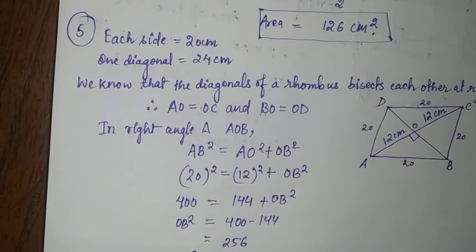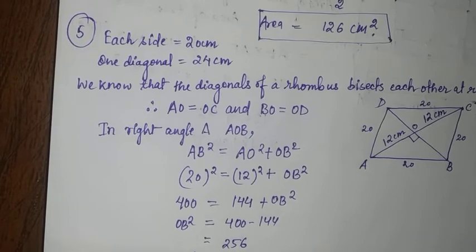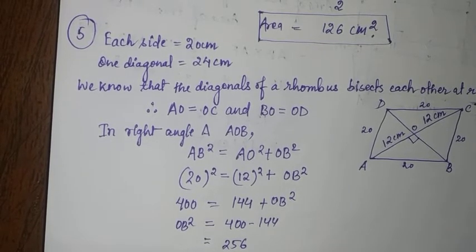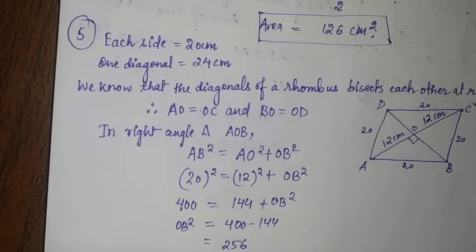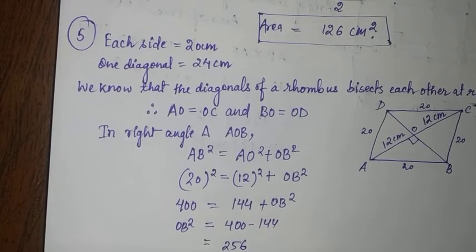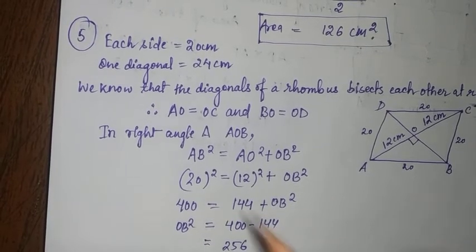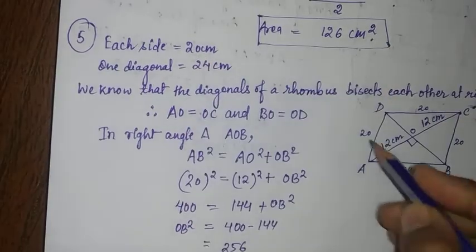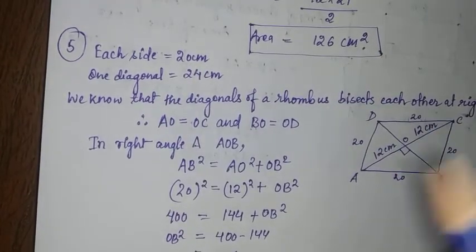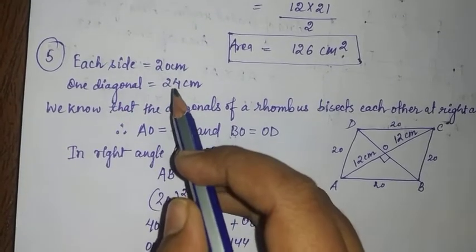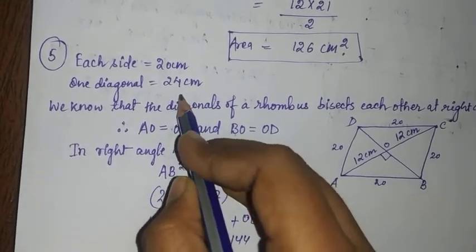In question number 5, find the area of rhombus having each side equal to 20 centimeter and one of its diagonals equal to 24 centimeter. Means each side is 20. Means 20, 20, 20 and 20. So one diagonal is 24 centimeter.